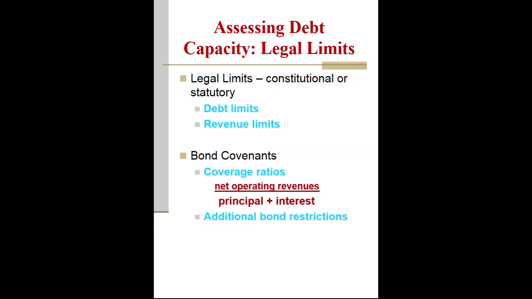So if you had a water system, you would take the water revenues minus the cost of running the water system, and that would be the net operating revenues. And the government might promise that that will cover principal and interest by 2.5 or 3 times. And there may be also other legal provisions in the bond restrictions.